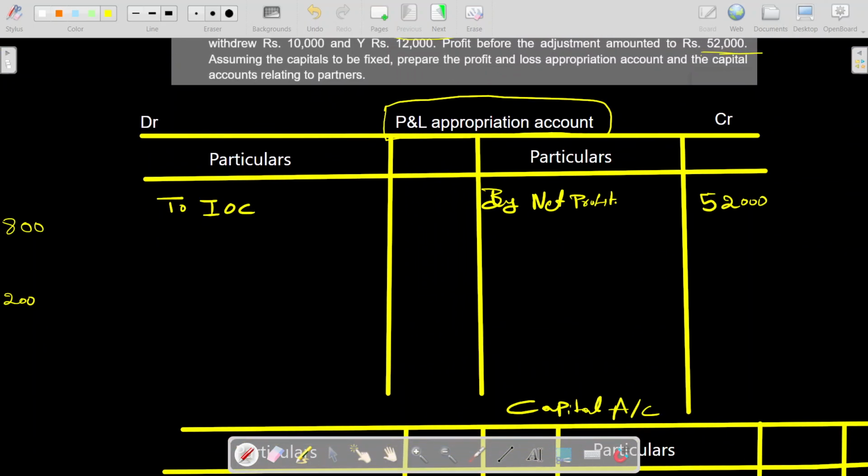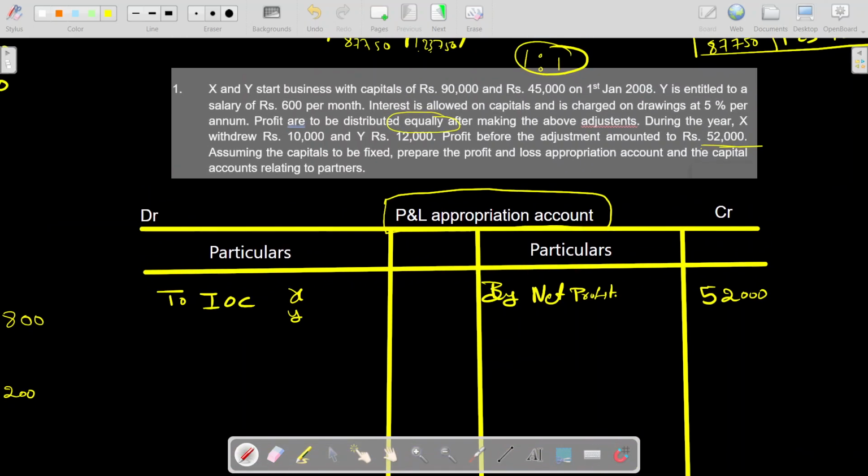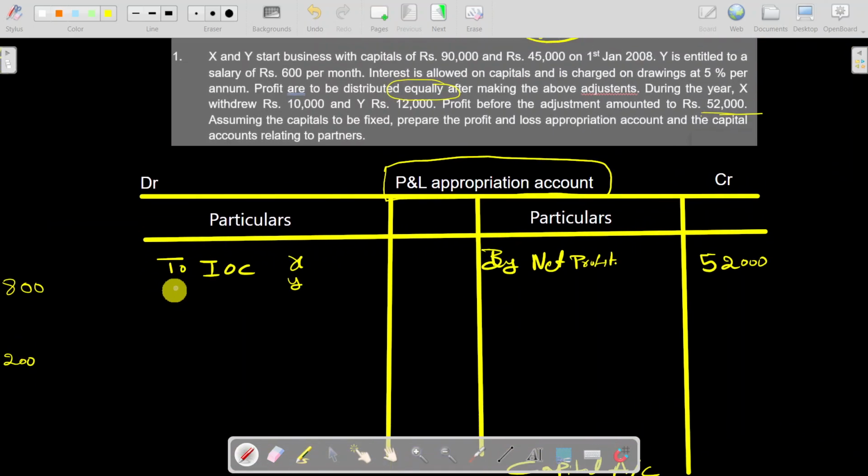Here we have two partners X, Y, and if they are taking any salary, we have to record those salary in debit side, to salary.